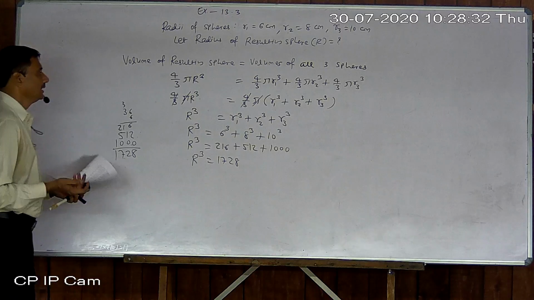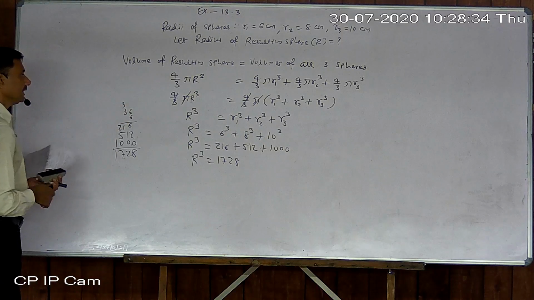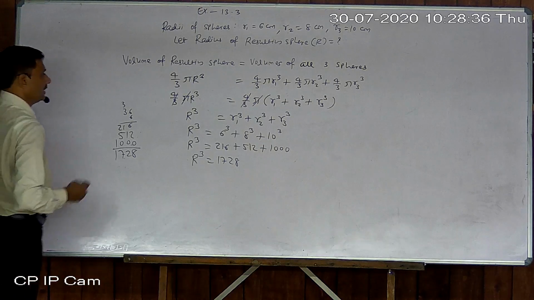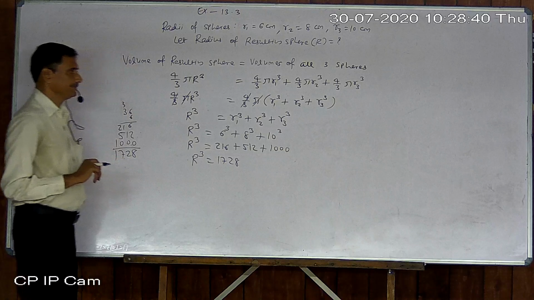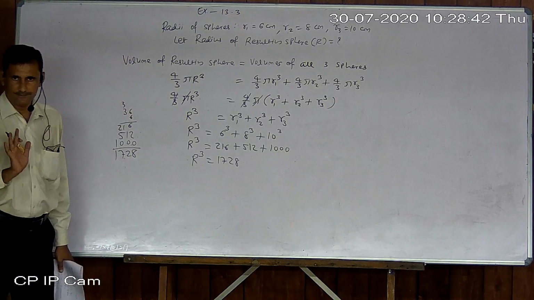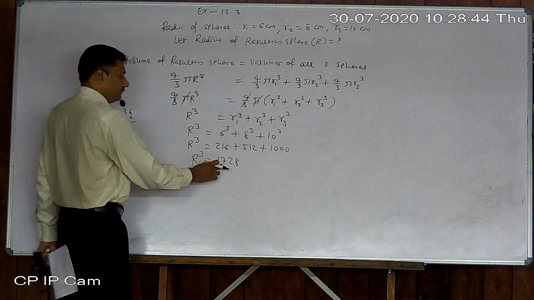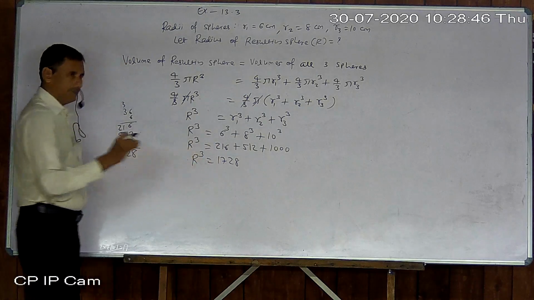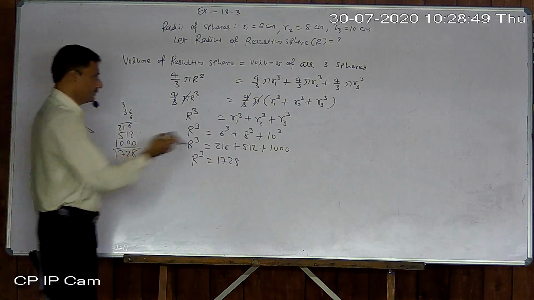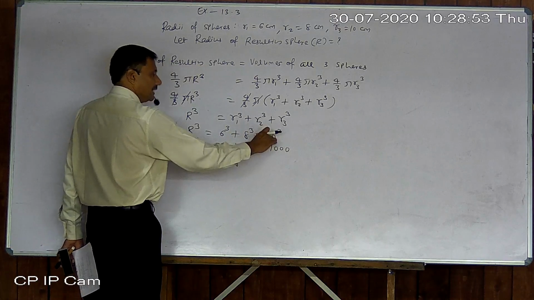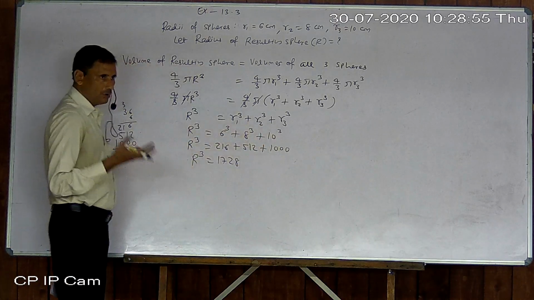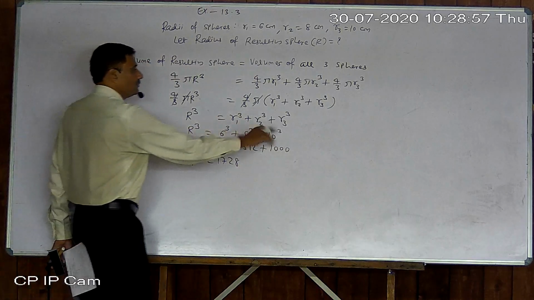So now, how to find it? Now you know here, the maximum number is 10. If it is a perfect cube number, then it may be 11 cube, maybe 12 cube, because if you add all these numbers, the resulting answer should be greater than the greatest number, obviously. So it should be more than 10.